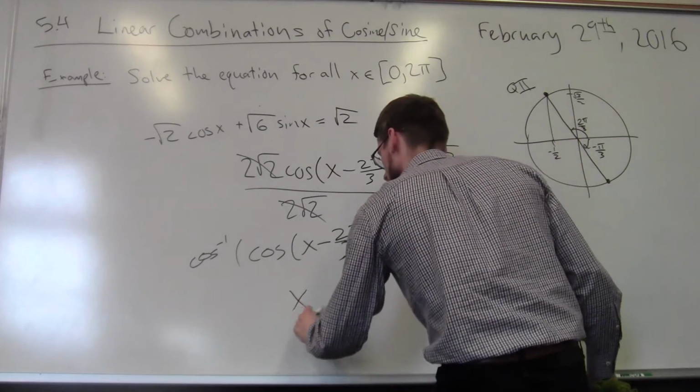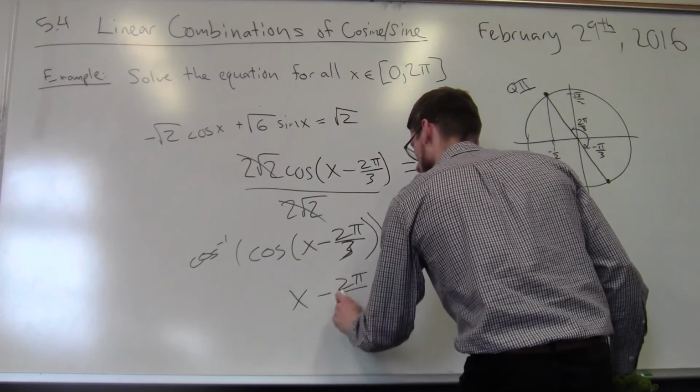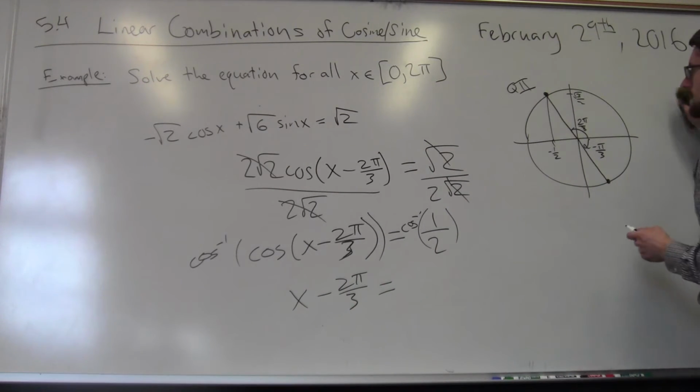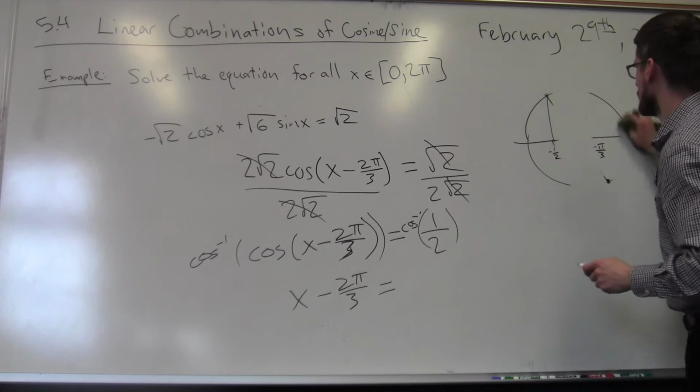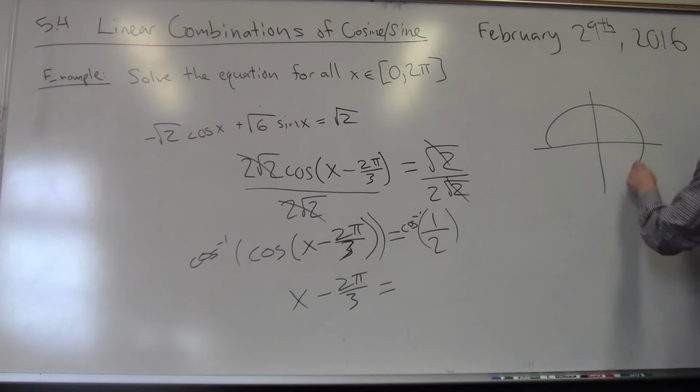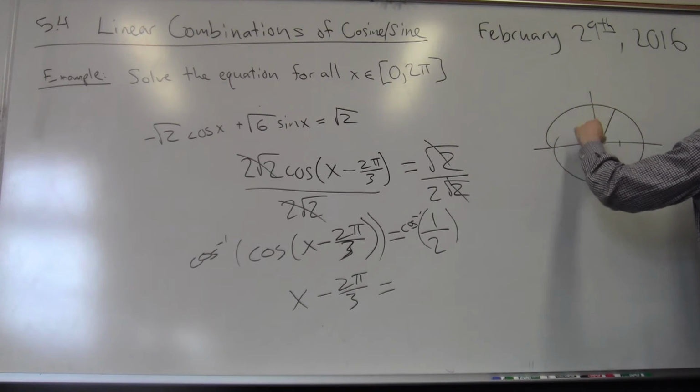Then x minus 2 pi over 3 equals, when is the cosine equal to 1/2? I'm going to draw a different picture for that one. Cosine is equal to 1/2, so my x coordinate is 1/2.